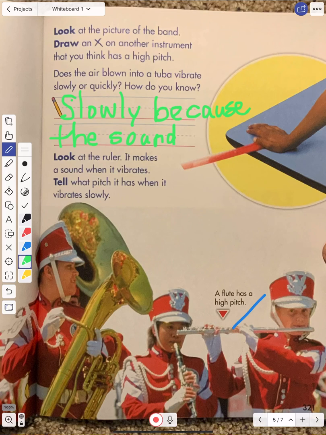You could have written pitch in there. Now in blue it tells us to look at the ruler. It makes a sound when it vibrates. Tell what pitch it has when it vibrates slowly. So again, if it's slow, that pitch will be low.